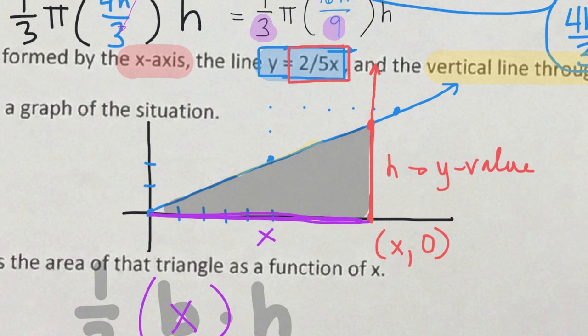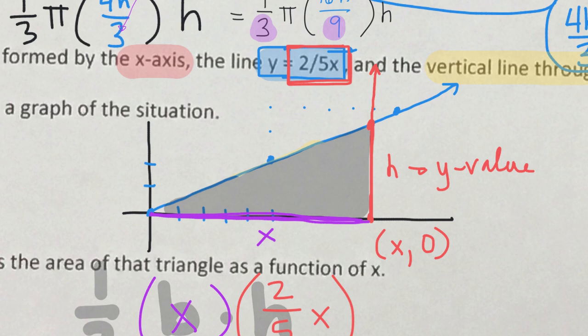You multiply x times 2/5. So the y value, or the height of this graph, is always 2/5 of the x value. So if I had an x value of 10, right, that would have a y value of 4, because 4 is 2/5 of 10. But we don't know exactly what it is.